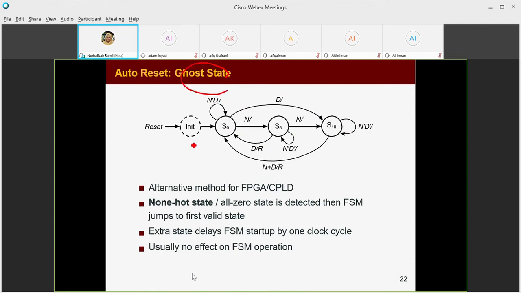This means there is only one clock delay in your system, because upon reset, if you have this reset button, it will go to the 0, 0, 0 state, but without any condition, it will go to the 0, 0, 0, 1 state.